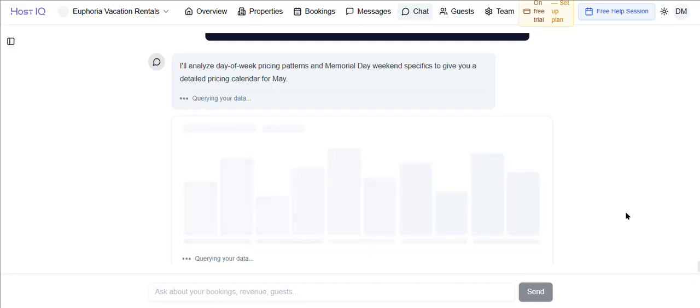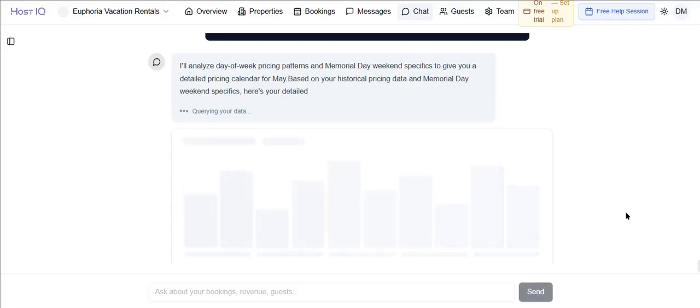So now I'll have not only my pricing model, but it'll also give me the suggested actions to take to build my bookings. For the agent to do that, it will look at not just my historical bookings, but who's typically booking. Are they repeat guests? Are they new guests? If they're new guests, are they booking from one of the OTAs? Are they coming to my website?